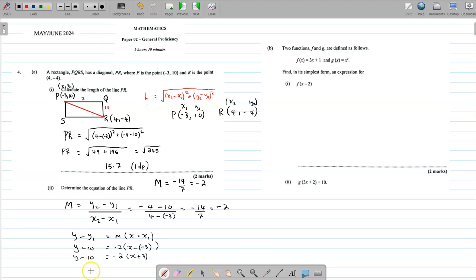Now we can simplify. On the right hand side we have minus 2x minus 6. We add 10 both sides. So what we have there is y is equal to minus 2x plus 4.